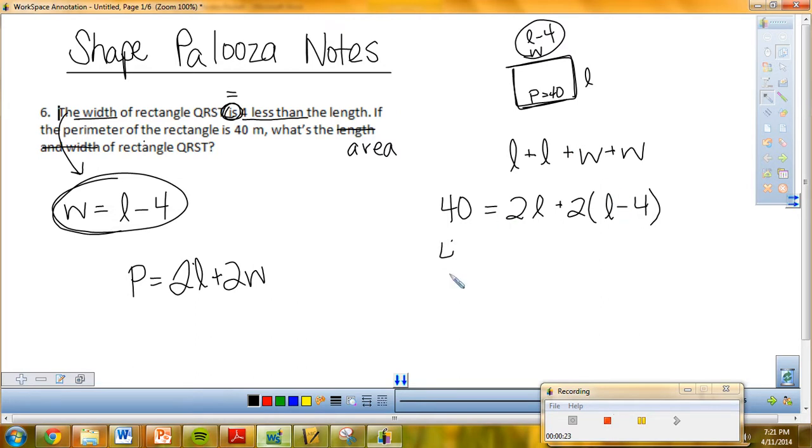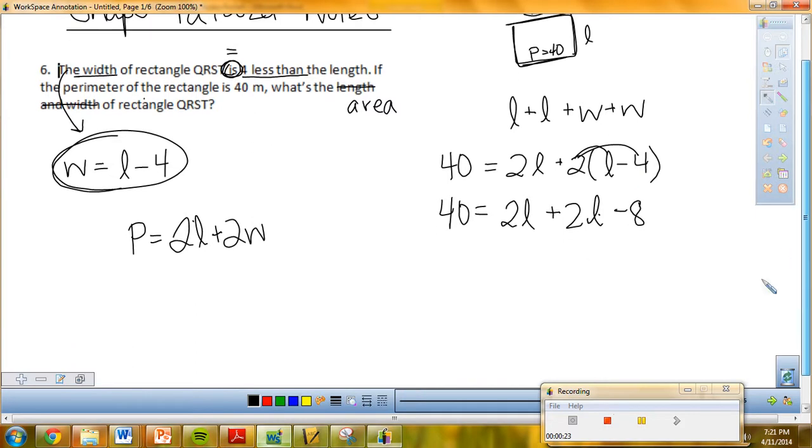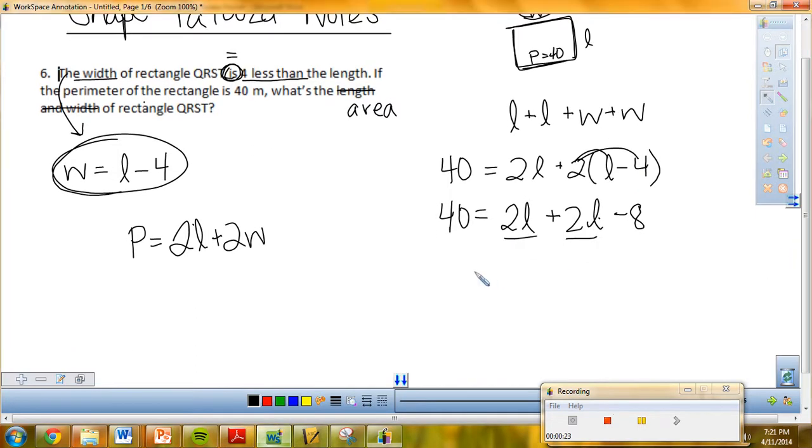So now I have 40 is equal to 2 times L, which can't be simplified, and this can be by distributing, so 2L minus 8, and I have like terms, so I can combine 2L and 2L. So I have 40 is equal to 4L minus 8.